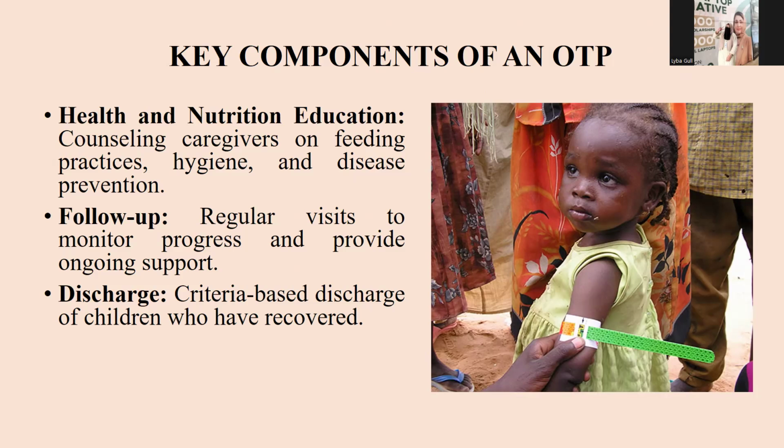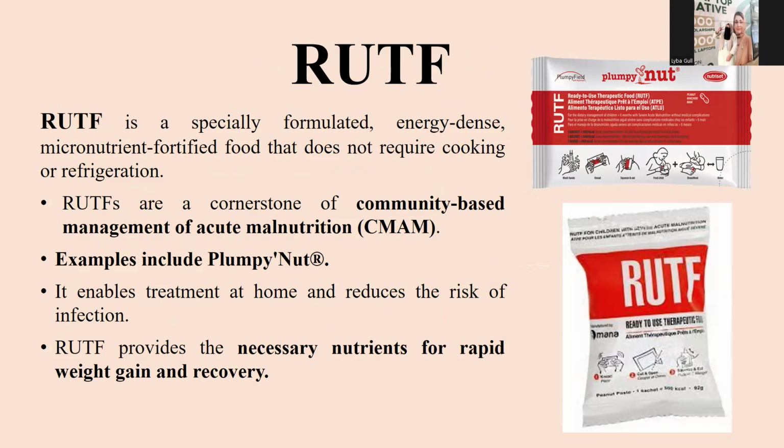So now, once the child reaches the set recovery goals, usually based on the mid-arm circumference and also the weight gain, they are safely discharged from the program, and they can ultimately move towards the supplementary feeding programs that basically deal with the children that are suffering from the moderate acute malnutrition and those who are recovering from the severe acute malnutrition.